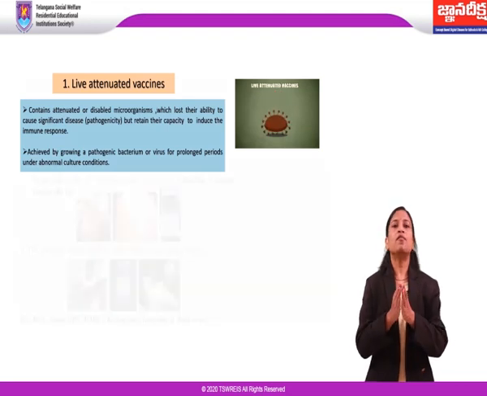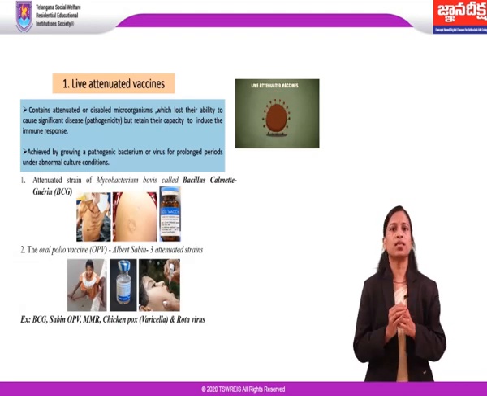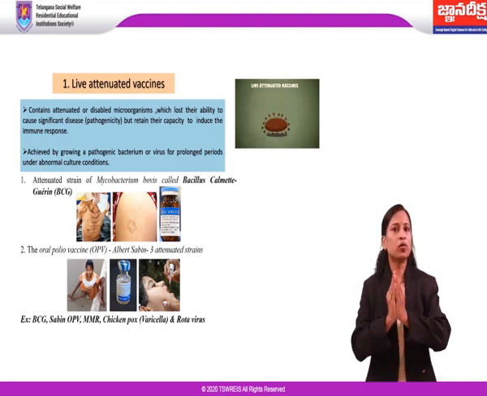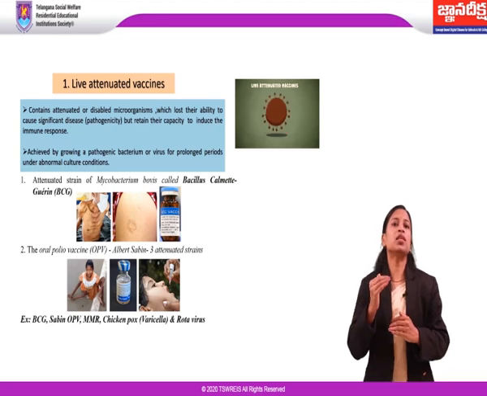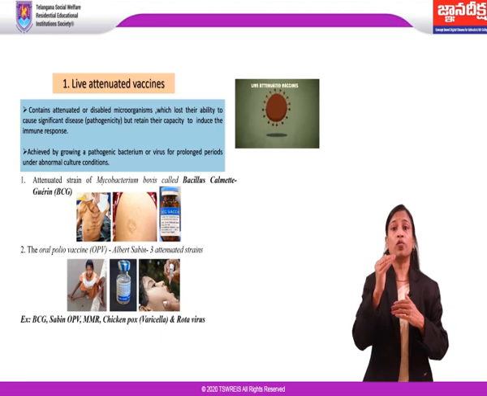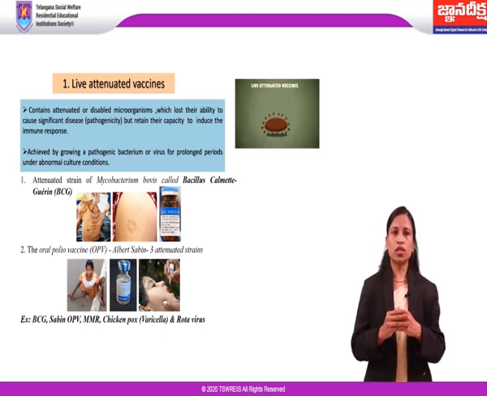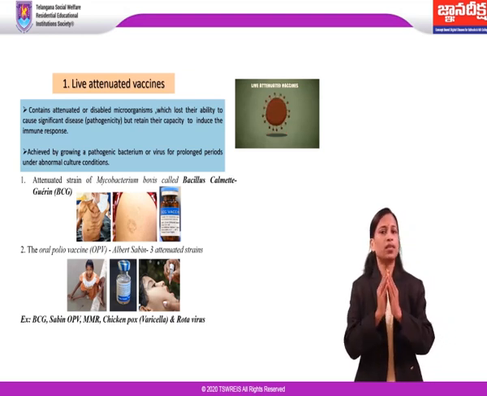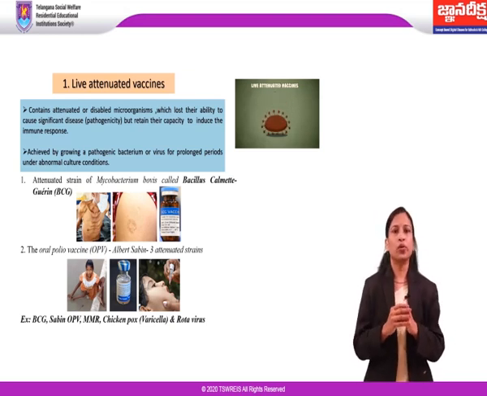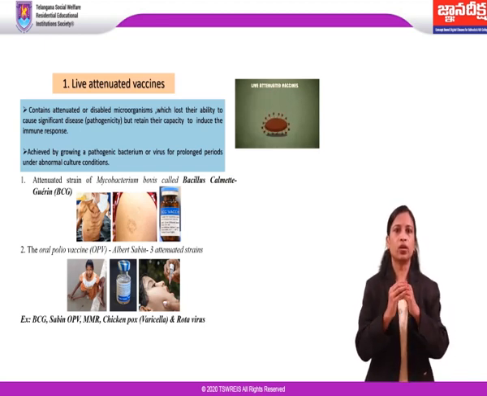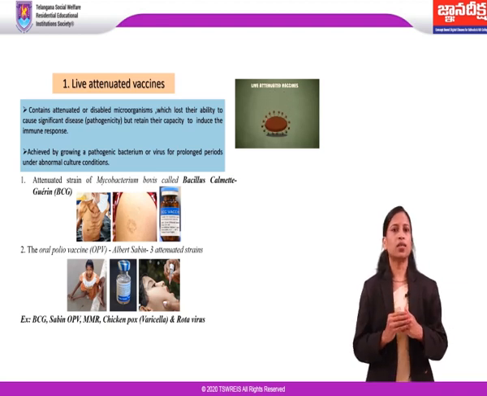For example, the tuberculosis vaccine Bacillus Calmette-Guerin was developed by growing Mycobacterium bovis through 239 serial subcultures in glycerin bile potato medium over a period of 13 years. Also, the Sabin oral polio vaccine included 3 attenuated strains of polio virus. Other examples of live attenuated vaccines include MMR, chickenpox and rotavirus.